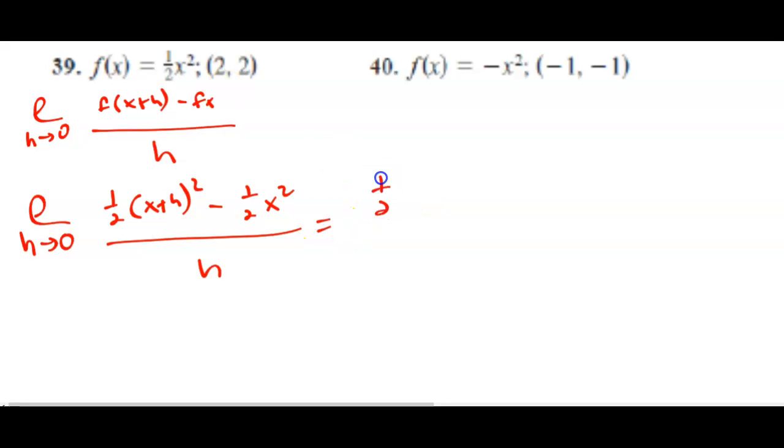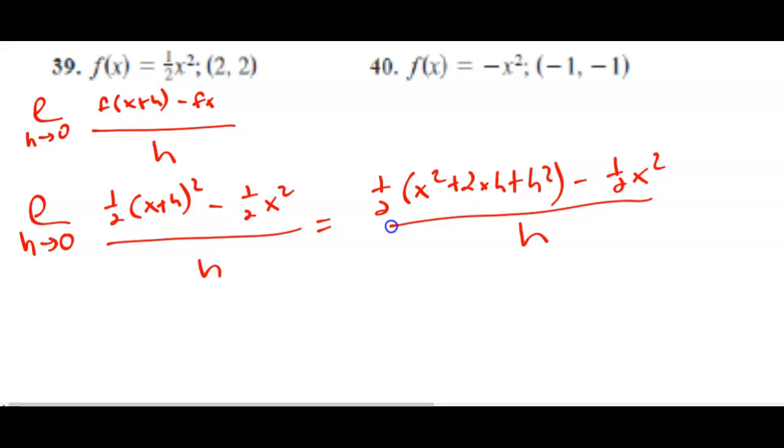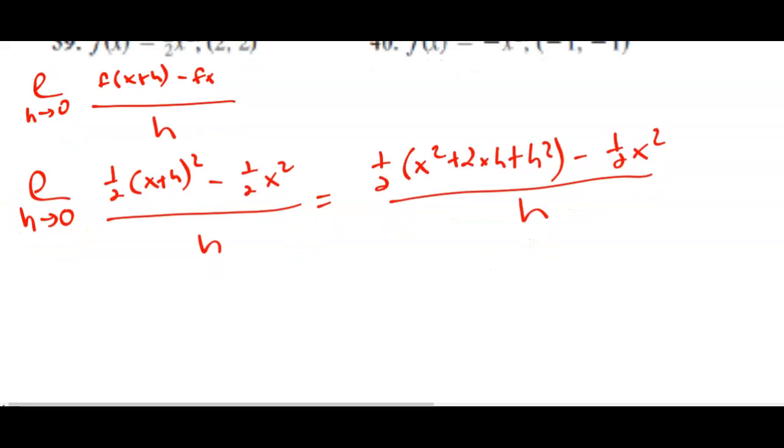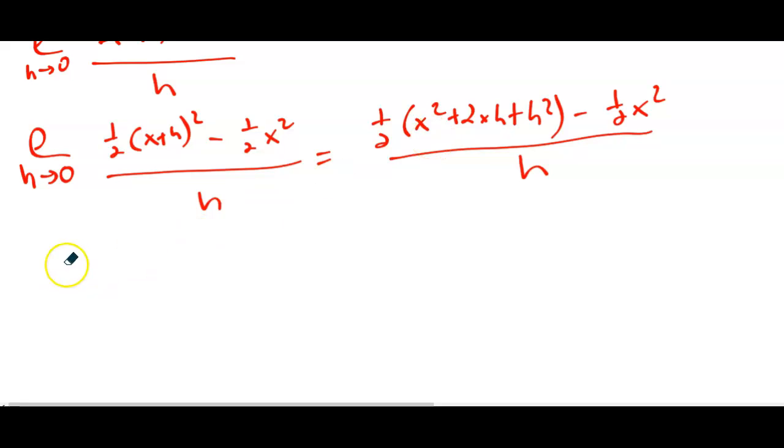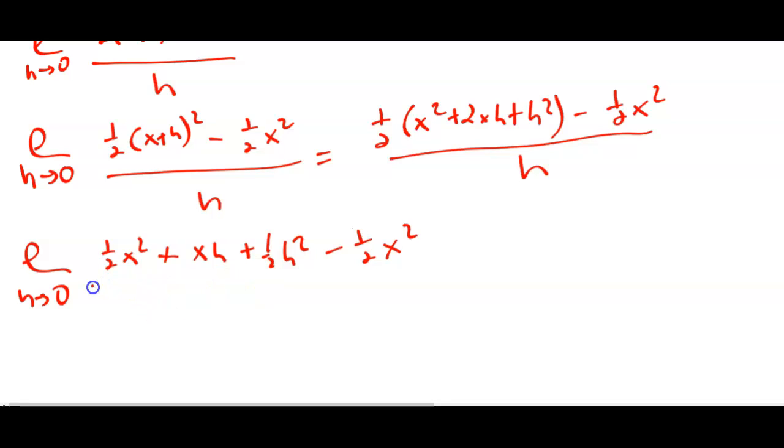So 1/2 x squared plus 2xh plus h squared, and then minus 1/2 x squared all over h, which we can simplify by distributing that. 1/2 x squared plus xh plus 1/2 h squared minus 1/2 x squared all over h.